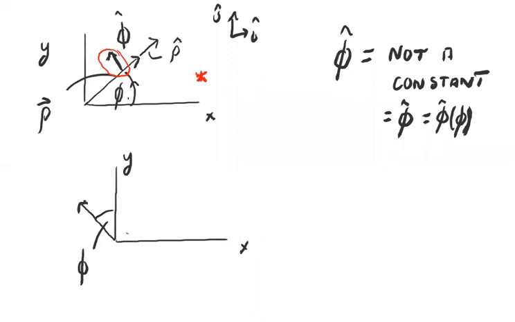Now, this is a vector. It's a unit vector, and I would like to resolve it into its components. So the question is, how do I do that? And the answer is very carefully. Here is the vector phi hat.